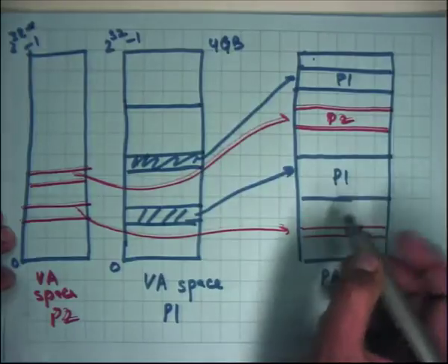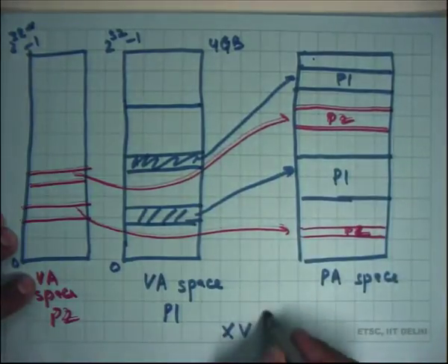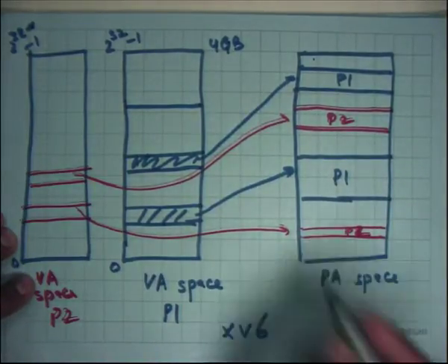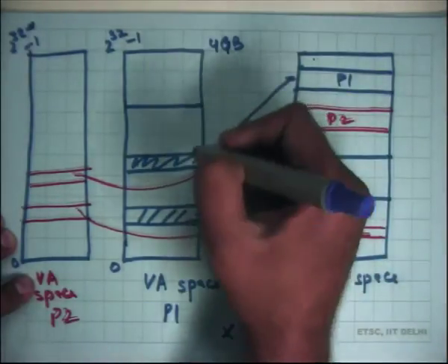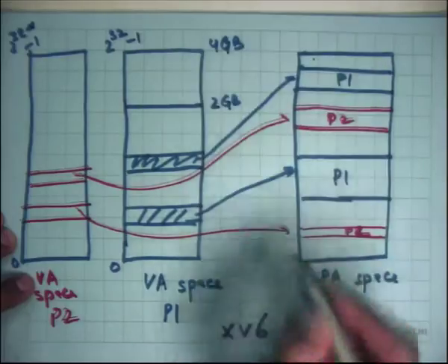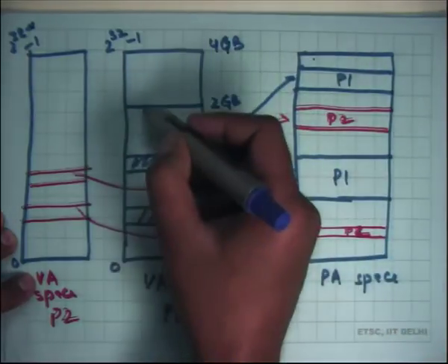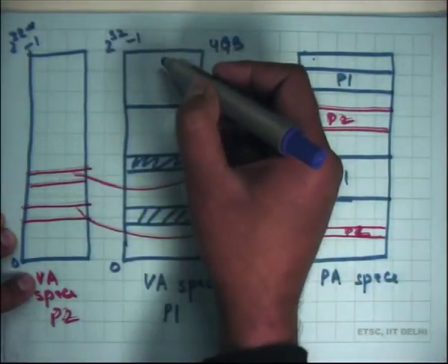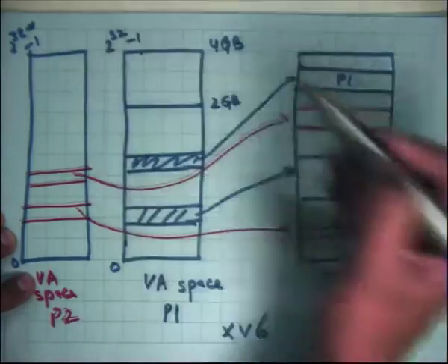So one way to do it, and let's look at one particular operating system, xv6, right? So what does xv6 do? It says a process can use 0 to 2 GB, and that's it, right? All the addresses above 2 GB in the virtual address space belong to the kernel.